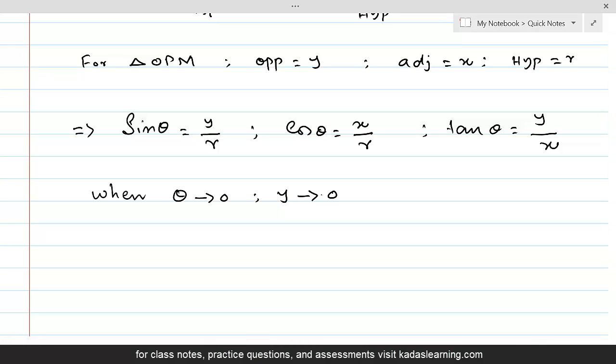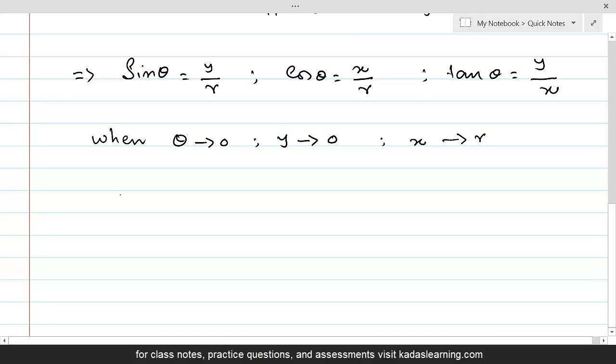The opposite of the triangle becomes smaller and smaller, and when theta becomes equal to 0, y is practically equal to 0, and at that stage x and r are almost equal. x becomes equal to r, and this is when theta is equal to 0.